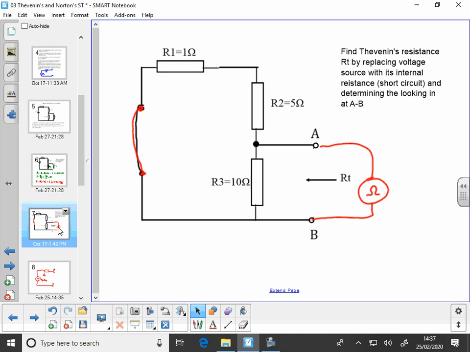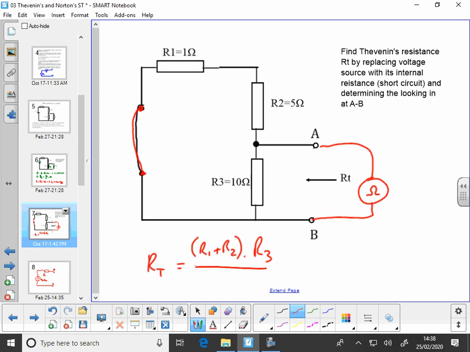Agree? So for this circuit, RT is, and we can use product over sum, it is R1 plus R2, series those 2 together, and multiply by R3, and then the bottom will be R1 plus R2 plus R3.